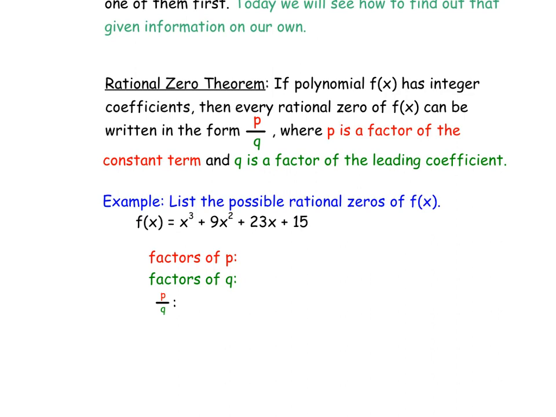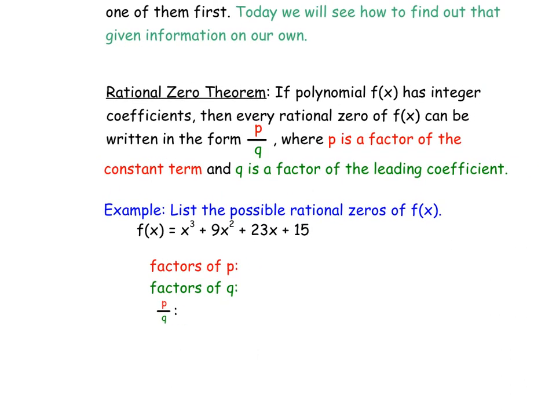But what it basically means is that for any polynomial with integer coefficients, which is like a normal polynomial that we always see, every rational zero, and remember a rational number is a number that can be written as a ratio, a fraction, can be written in the form p over q, where p is a factor of the constant term, and q is a factor of the leading coefficient.